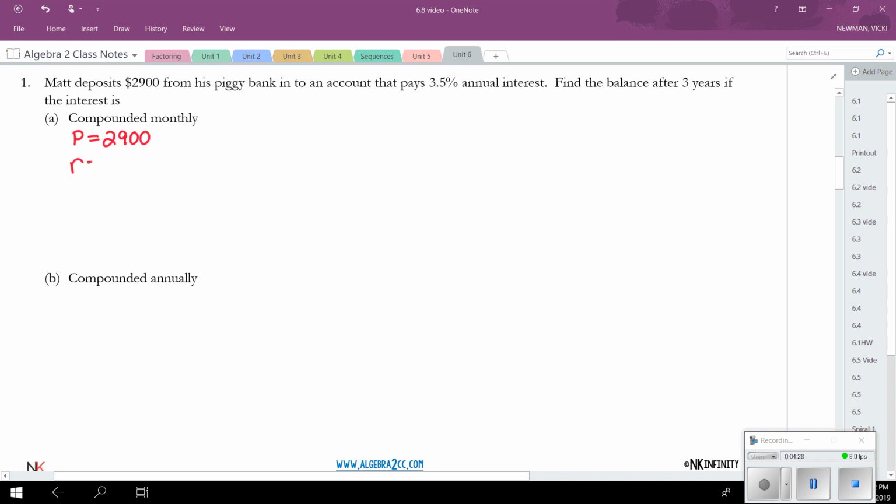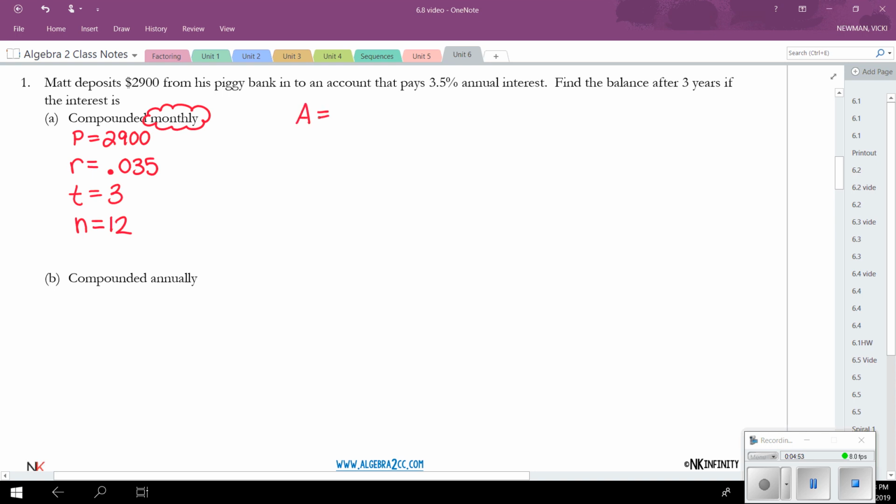The interest rate is 3.5%, so our decimal is 0.035. And it's asking after time 3 years. But it says compounded monthly, which means we have n equals 12. So that means we're using that other formula.